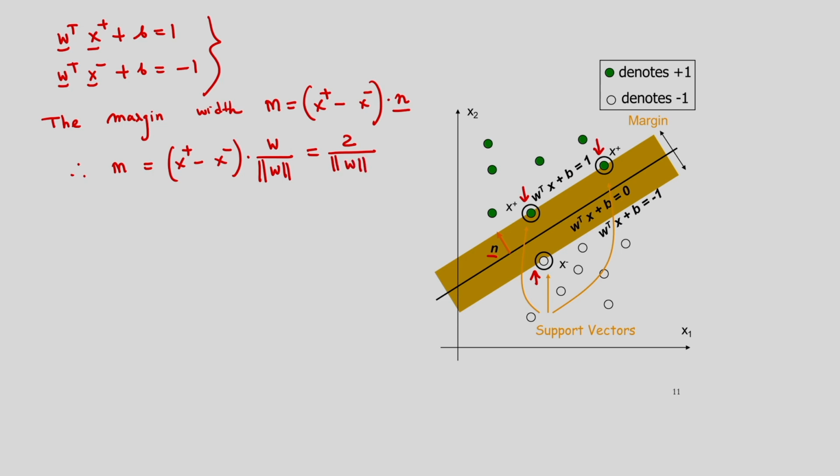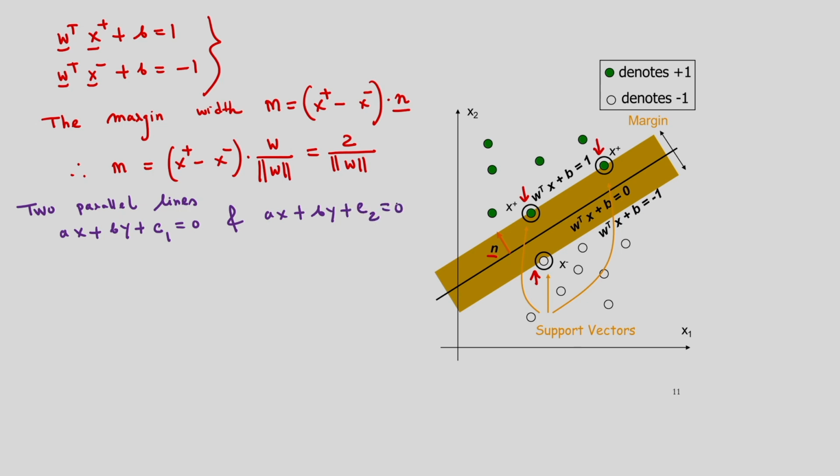How to get this margin width? I can give one example. Suppose I consider two parallel lines. So the equation is ax plus by plus c1 is equal to 0, and another equation is ax plus by plus c2 is equal to 0.